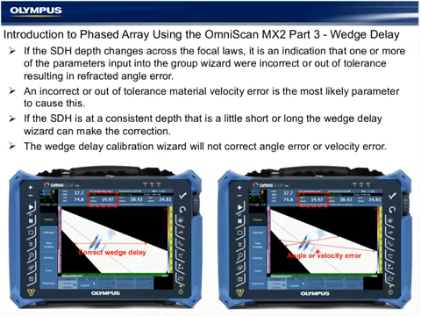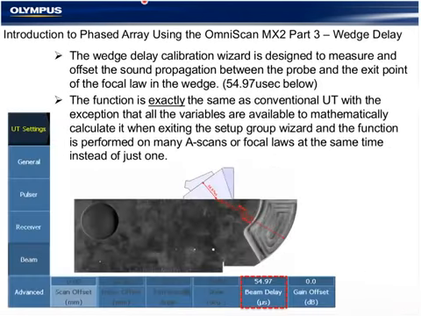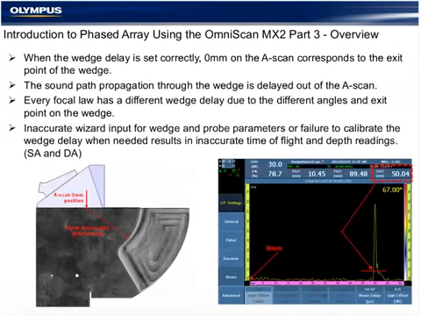What wedge delay does from our A-scan is calculate the time of flight through the wedge in microseconds for every beam, exactly like conventional UT. The velocity is known, the position's known, so the software can make that calculation. This is no different than conventional UT, except that we're doing it over many different angles. So like in conventional UT, if the wedge delay was performed correctly, 0 here, which represents the probe to component interface, is also 0 here on our A-scan.